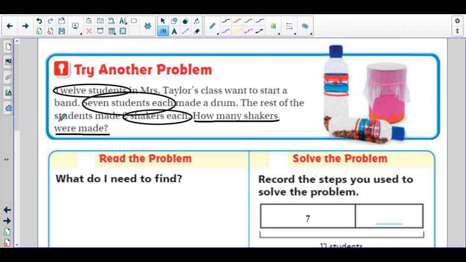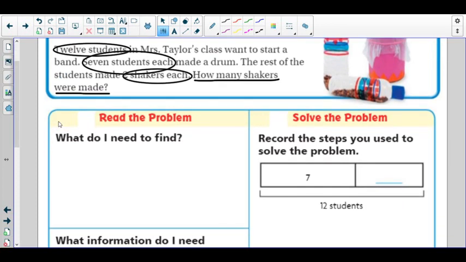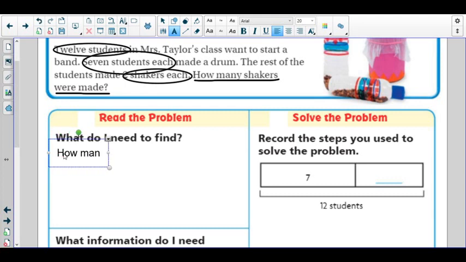All right. So what do we need to find? We have a few things here that we need to get taken care of. First we need to find how many students made the shakers.